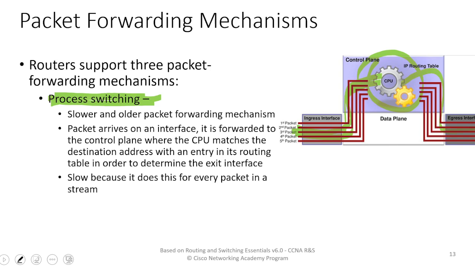This is a simpler approach and was one of the oldest ways of doing routing, but this has become very inefficient and not so suited in the modern network era because it can be very slow, because each of the packets needs to be checked and matched to a particular destination and all that.